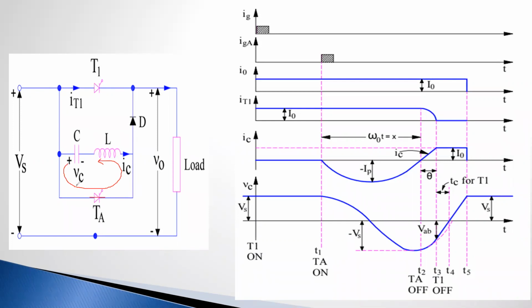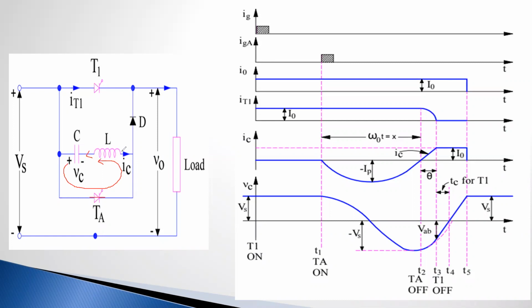So this capacitor is discharged through the thyristor and inductance. But in which direction is the capacitor current? In this direction, in reverse direction, because the capacitor current is taken as a reference. The reference direction of the capacitor current is taken as positive in this direction. So this direction is positive. But the capacitor current is flowing in this reverse direction.